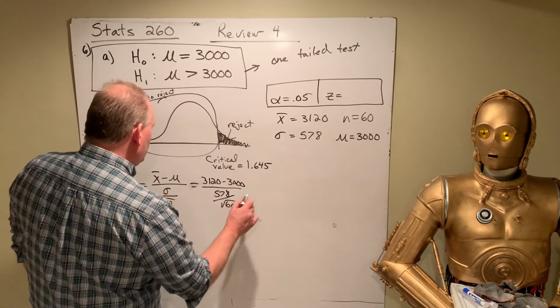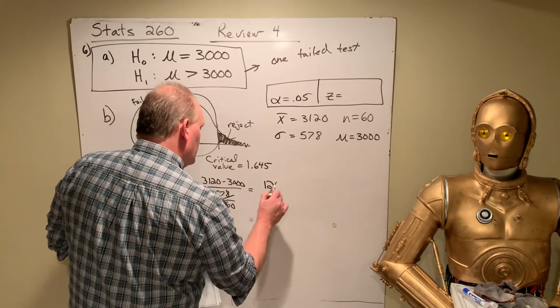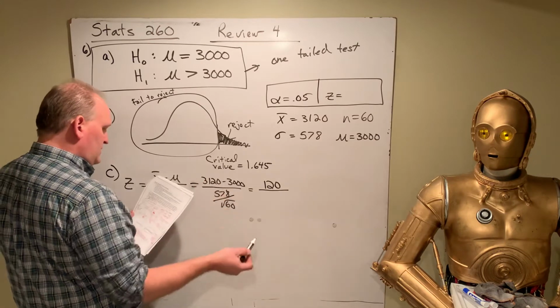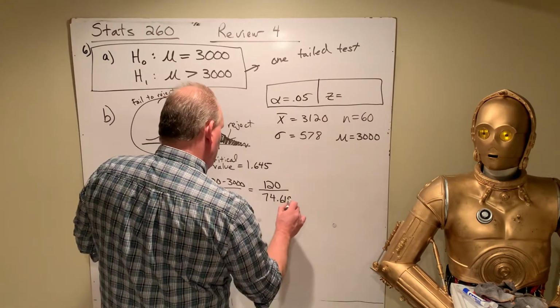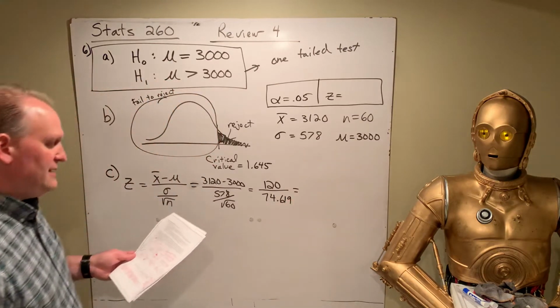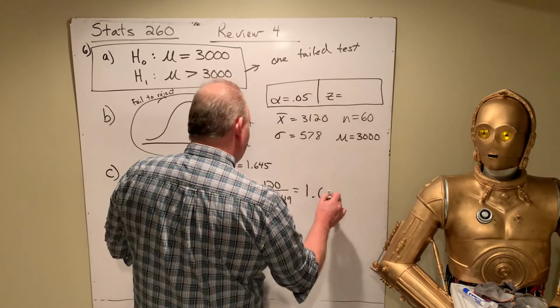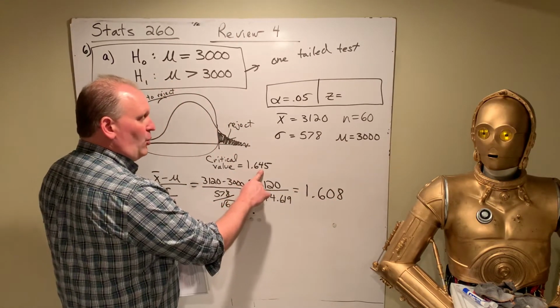You might want to do this in two parts in your calculator instead of trying to get it all in once. Where you write down the 120, you do 578 divided by the square root of 60. You get 74.619. And then when you divide that out, you get 1.608. We needed it to be bigger than 1.645.